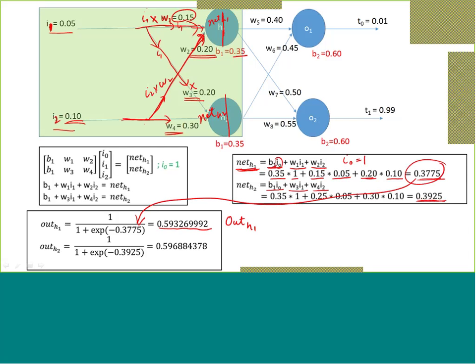Similarly, when I feed net H2 into the sigmoid function, I get the output out H2. So what we have done is take the input, multiply with the weights, find the net input to a node, and transform it through a sigmoid function to get some output.